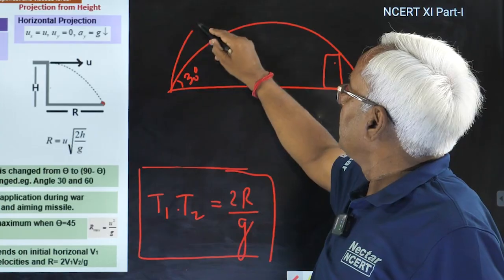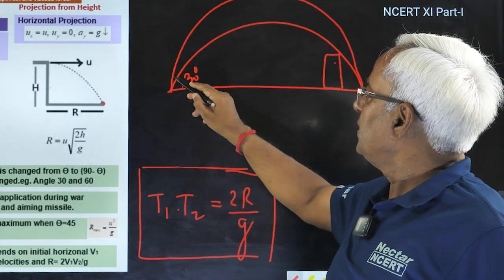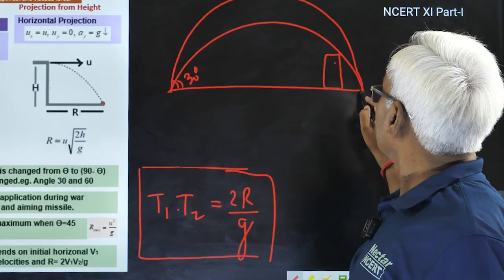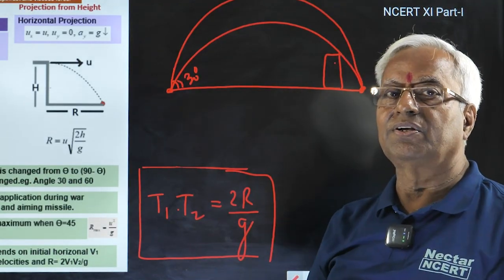If a 60 degree angle is chosen, this missile will reach the same place. Range is going to be the same for 30 degree and for 60 degree.